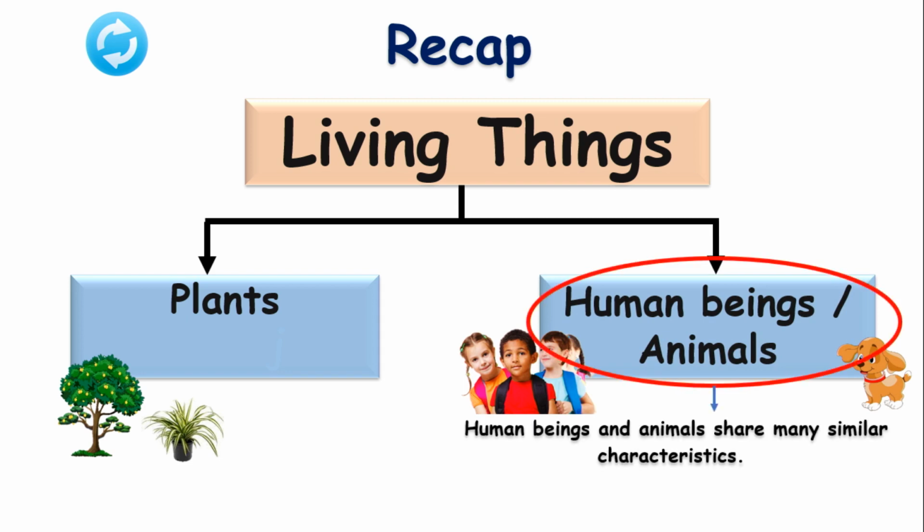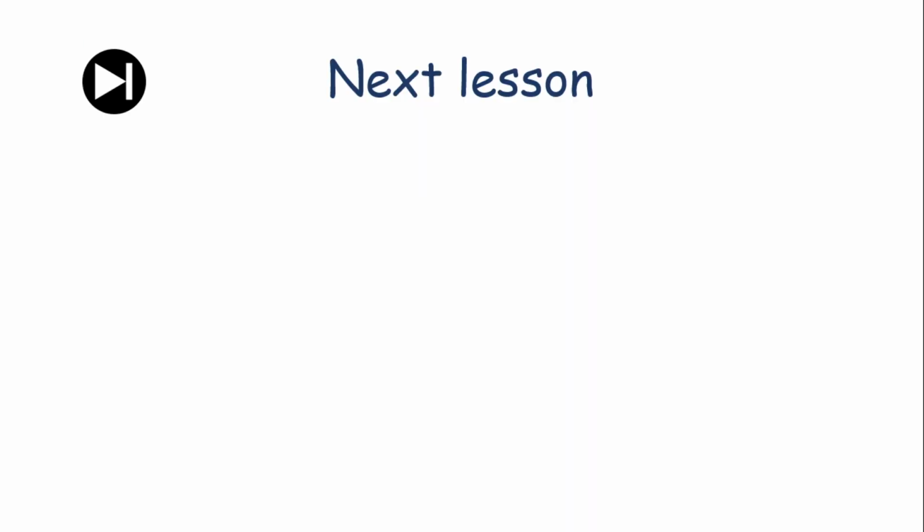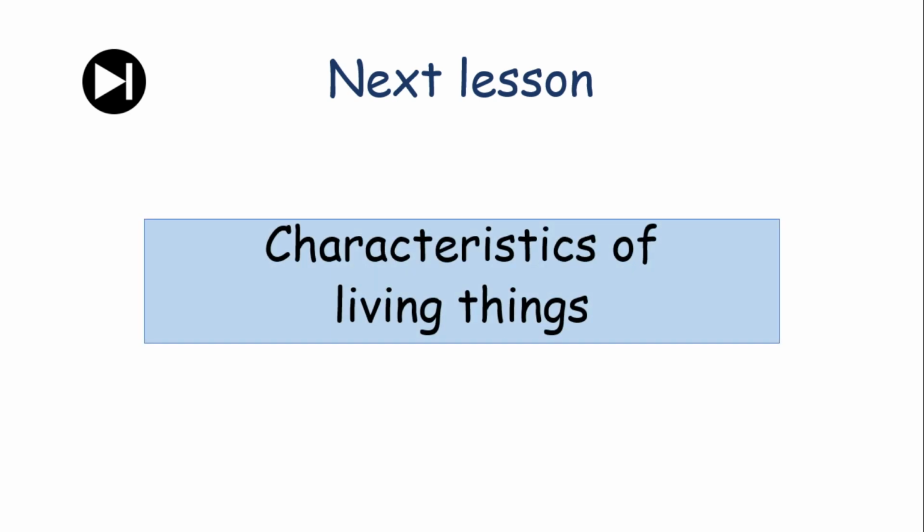Human beings and animals are put in the same category because they share many similar characteristics. For example, both human beings and animals move from one place to another. In our next lesson, we shall be learning about the characteristics of living things.